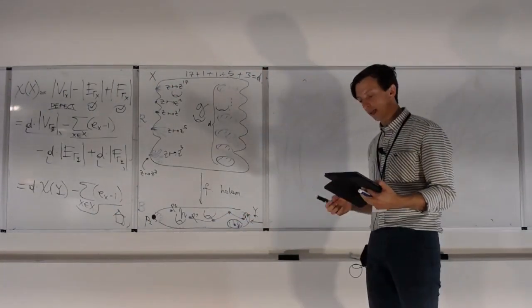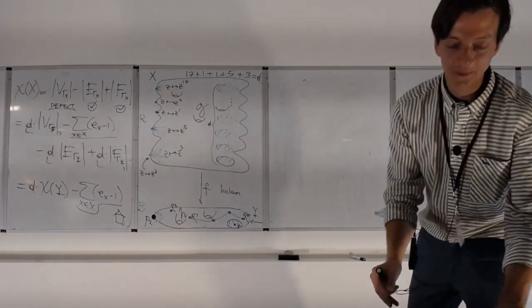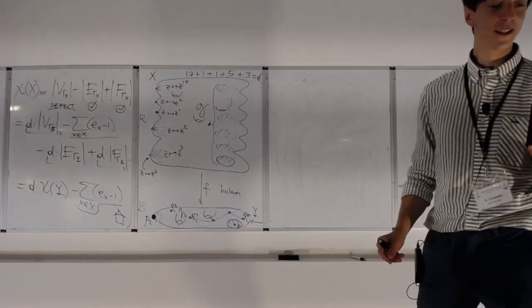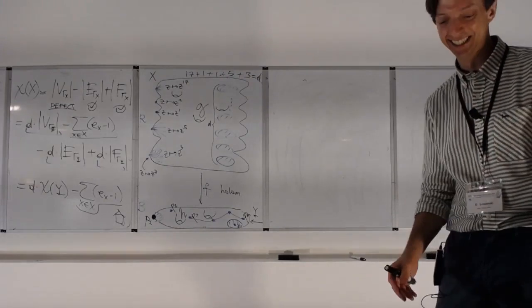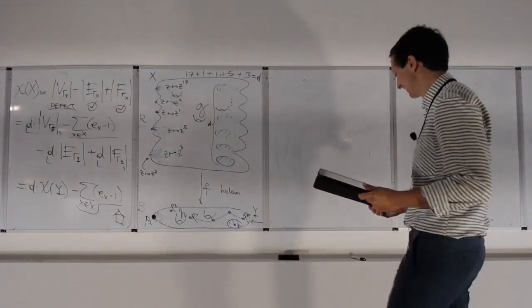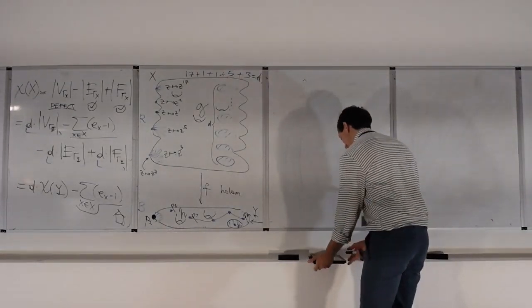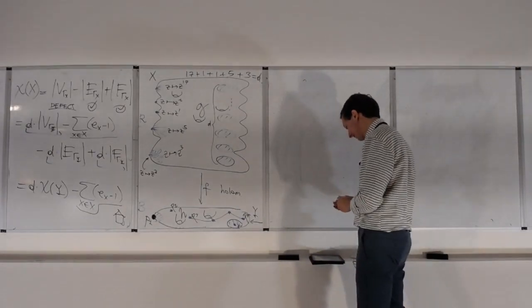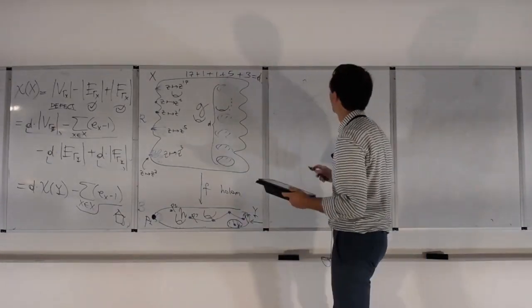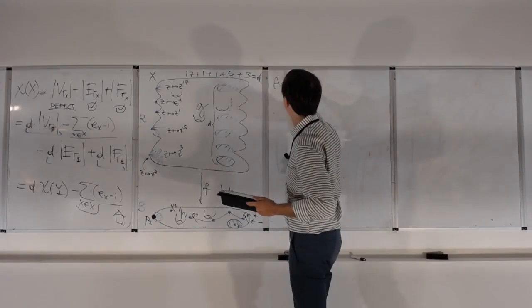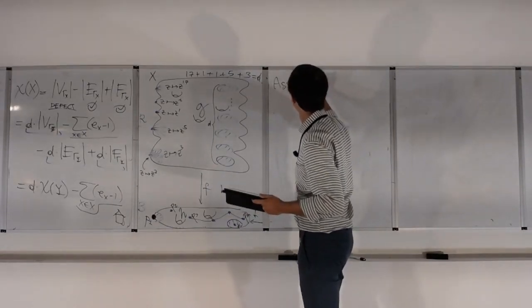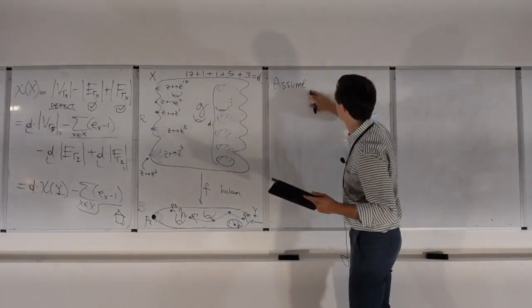Okay. Now we can define Hurwitz numbers. So assume that the genus downstairs is 0.